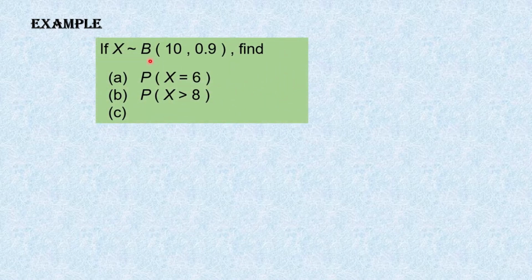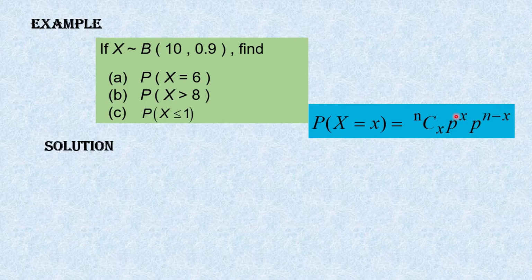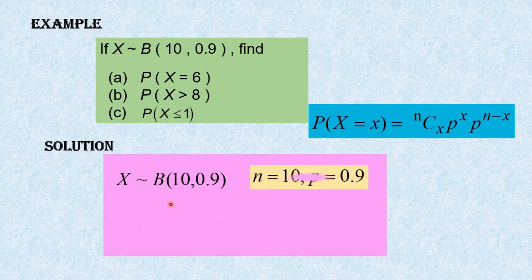Okay, first example. If X is a binomial distribution, the n is 10 and p is 0.9. Find A, probability X equals 6, B, probability X more than 8, and C, probability X less than or equal to 1. We will use this formula to solve. For A, take note here that n is equal to 10, the number of trials, and p, the probability of success, is equal to 0.9.